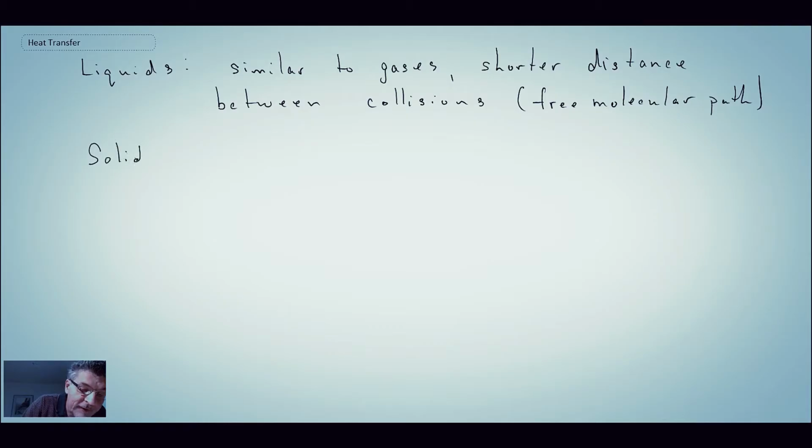Although you can have it in these other forms, solids are usually the one that we're dealing with. With solids, the molecules are in a more regular pattern, and they're fixed, and so they don't have the ability to move around as much. So we can have different types of lattices. You can have face-centered cubic, body-centered cubic.